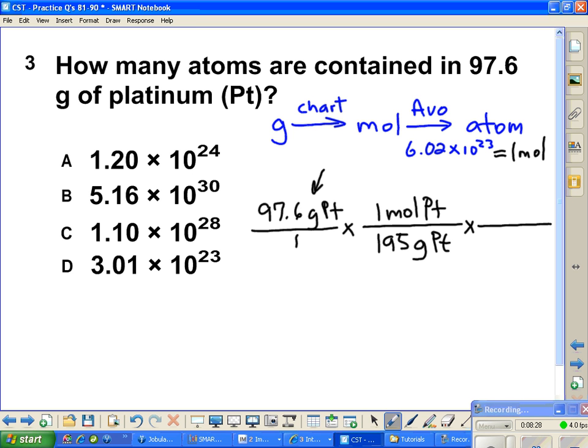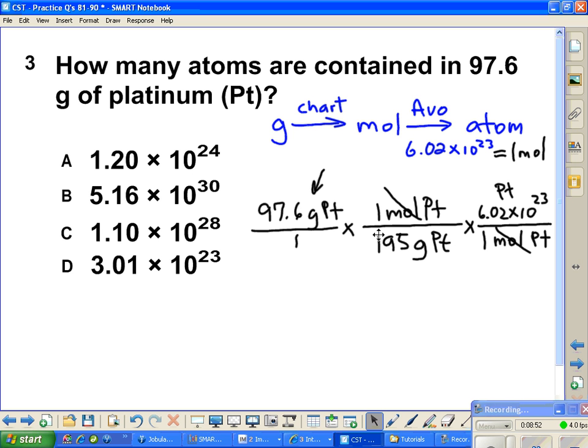So I put my mole on the bottom, so I can cancel moles here. And this, of course, is platinum. And 6.02 times 10 to the 23rd is up here, and that's my atoms of platinum. And I've done my entire calculation.